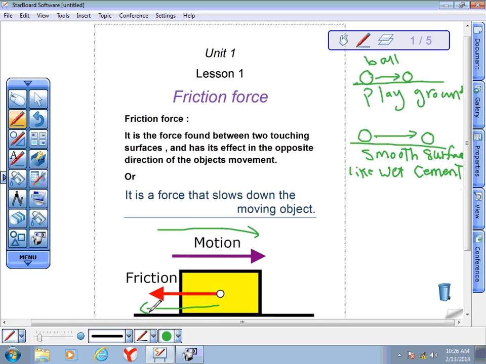We can show that in this activity the direction of the movement of the ball is forward. This is the direction of movement. And we see that the direction of the friction force is opposite to the direction of the movement.